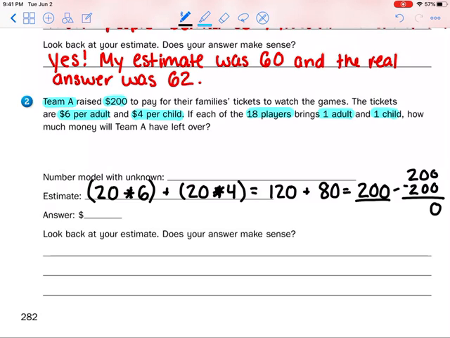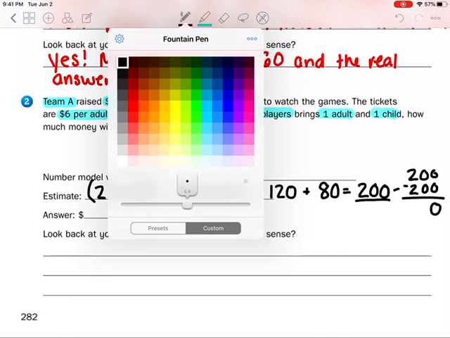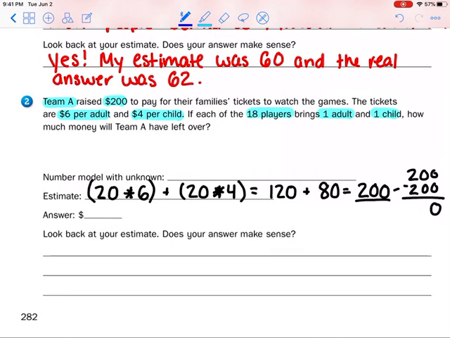So let's see what the real answer is going to be. So I'm going to do the same thing with a number model. I'm going to take that $200 they raised, and I'm going to subtract the 18 times the cost of one adult and one child ticket.